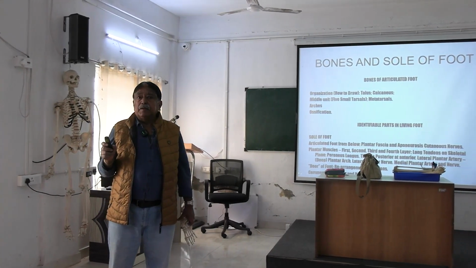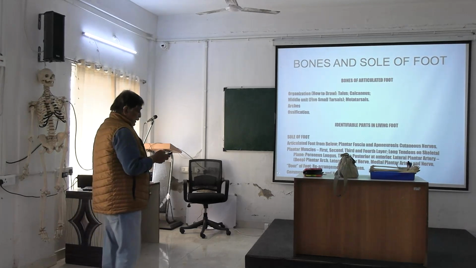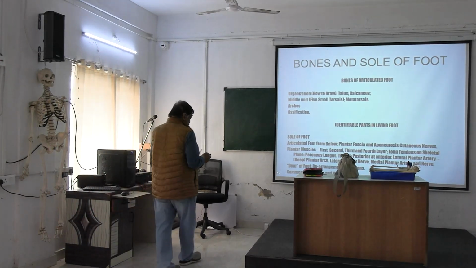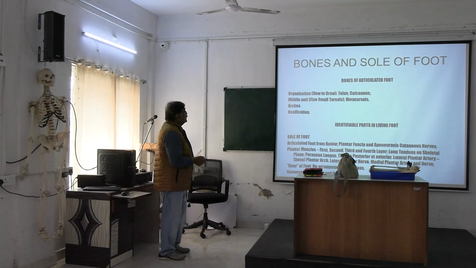So I picked up, see, now bones of the articulated foot is key: talus, calcaneus, middle unit, small tarsals, metatarsals, arches, ossification.